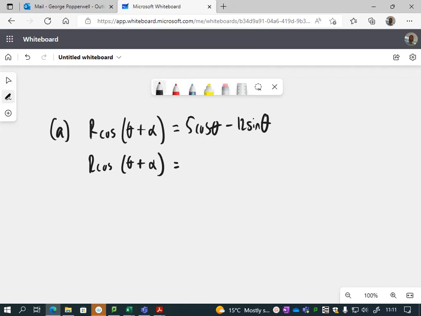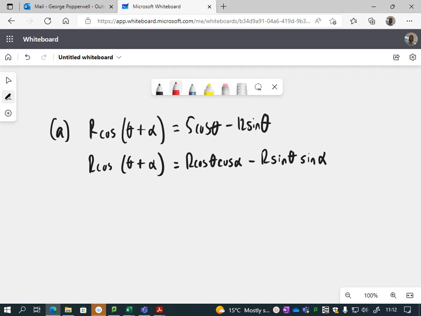So in doing that, this can be written as r cos theta cos alpha minus r sine theta sine alpha. Now I just have to compare these things.